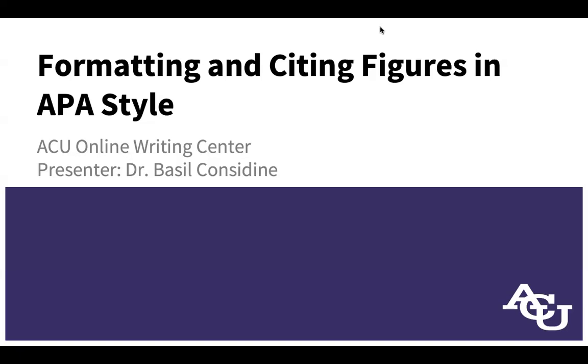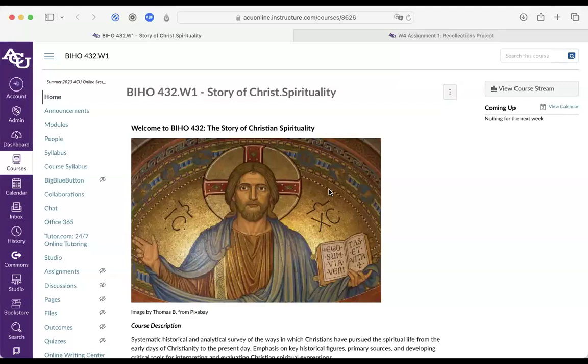So let's go ahead and take a look at our sample assignment today. For formatting and citing figures in APA style, an example of how this might come up is in the Story of Christian Spirituality course. This is BIHO 432.